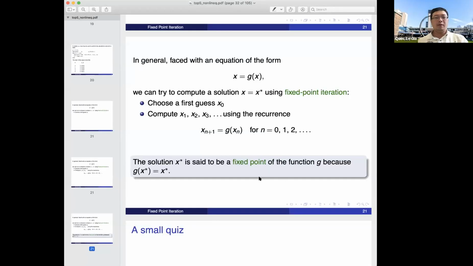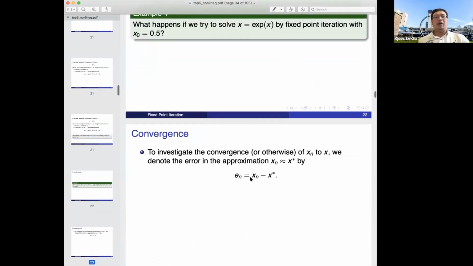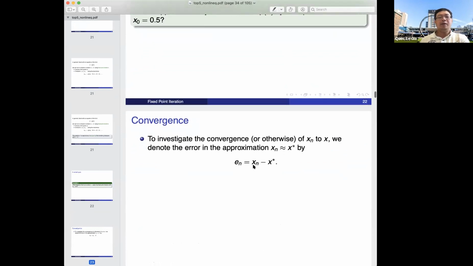So now if I go back to the theory, in order to see what is going on, we need to define the error. The error is just the difference between your approximation xn and x star, the true solution.